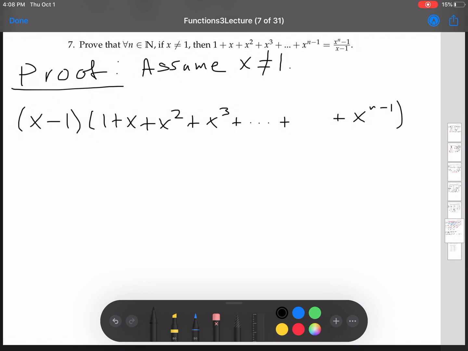I'm going to put in the thing that came before that. What comes before n minus 1 is n minus 2. If you're at n minus 1 and you subtract 1, you get n minus 2.